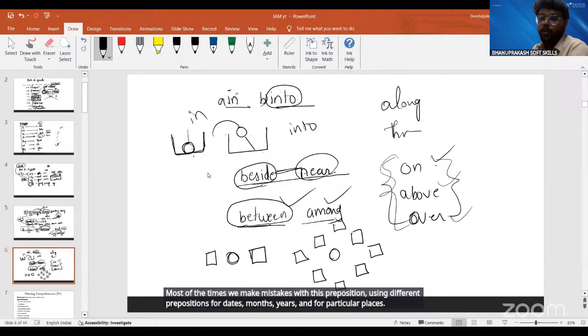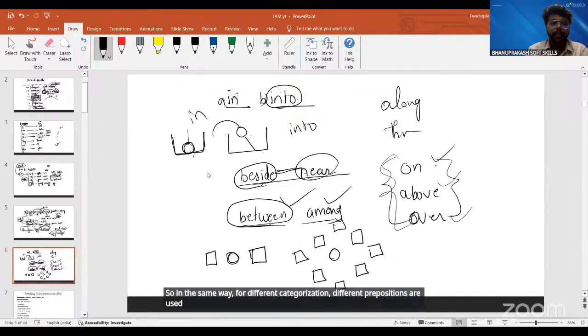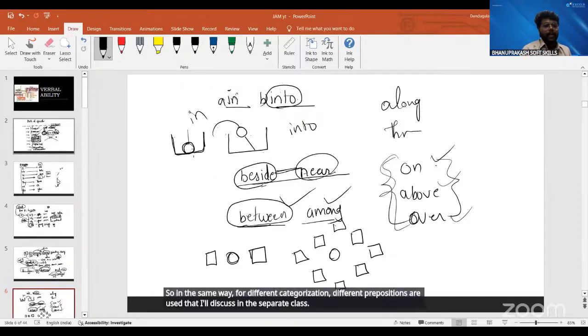For dates, we use on. For days, we use on. Like we always say I'll submit on Monday, or on a particular date. But we never say in Monday or at Monday, as both are wrong. In the same way, for different categories, different prepositions are used, which I'll discuss in the separate class.